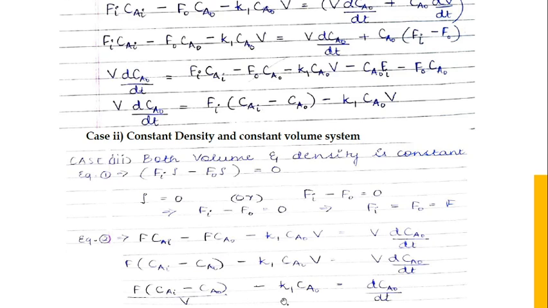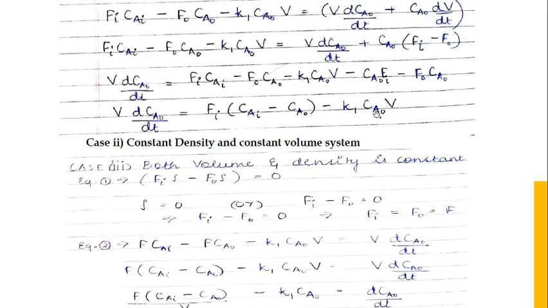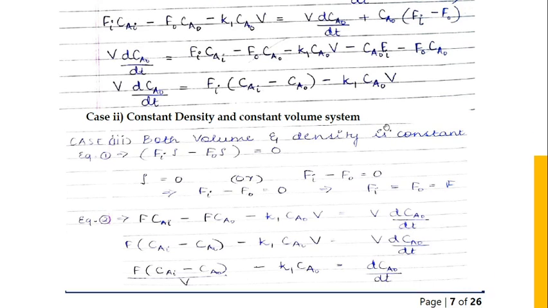If it is zero order it would be just k, first order k1 CA, otherwise it will be k1 CA square. Throughout you will get the same kind of equation, but please note you will get this particular term only in the case of component balance, not in the total balance. Only for component balance you get the rate equation. That's for this class. Thank you.